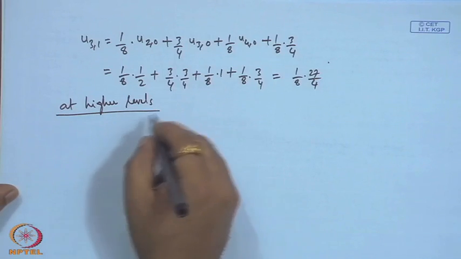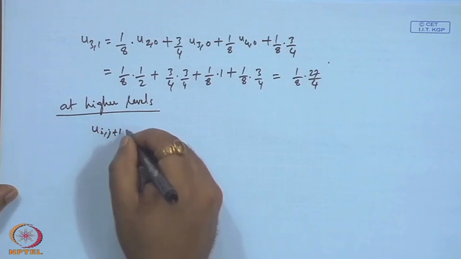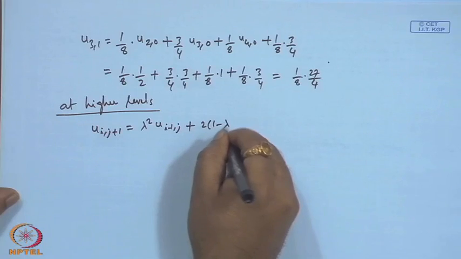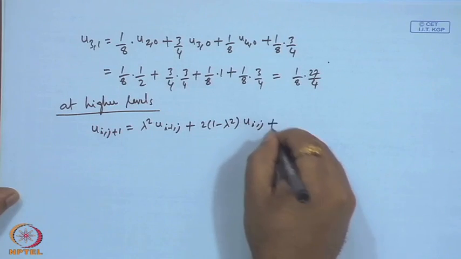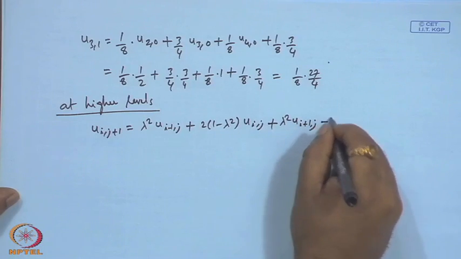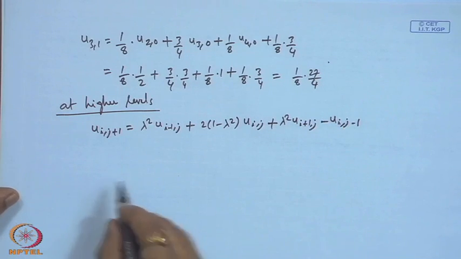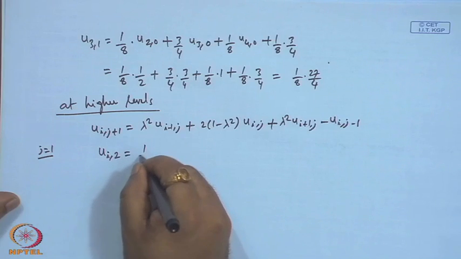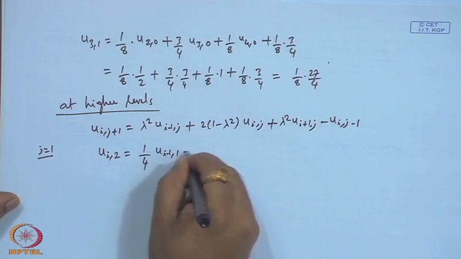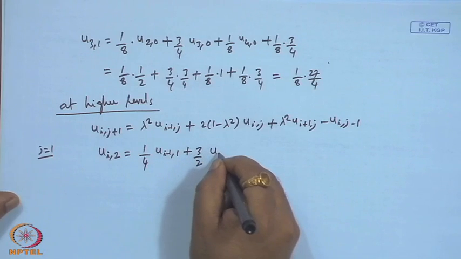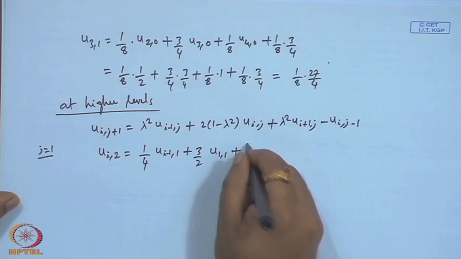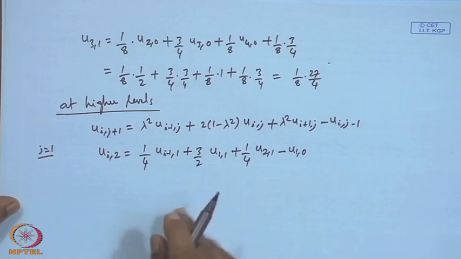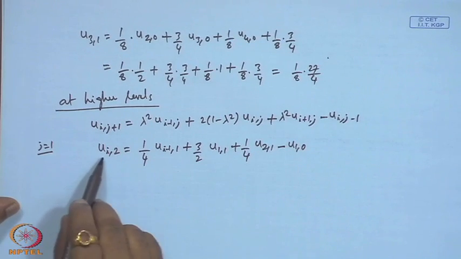at higher levels. So, at higher levels, let us consider j equals to 1, then so this is at second level at all grid points.